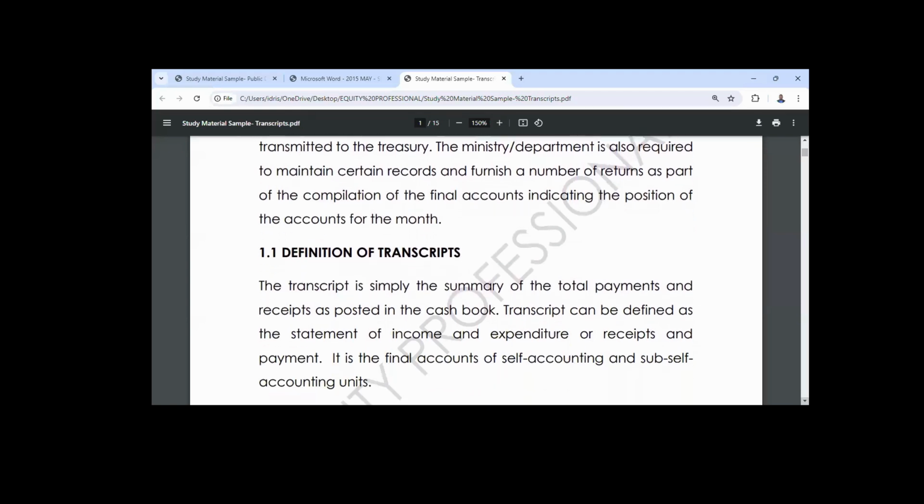By definition, a transcript is the summary of total payments and receipts as posted in the cash book.